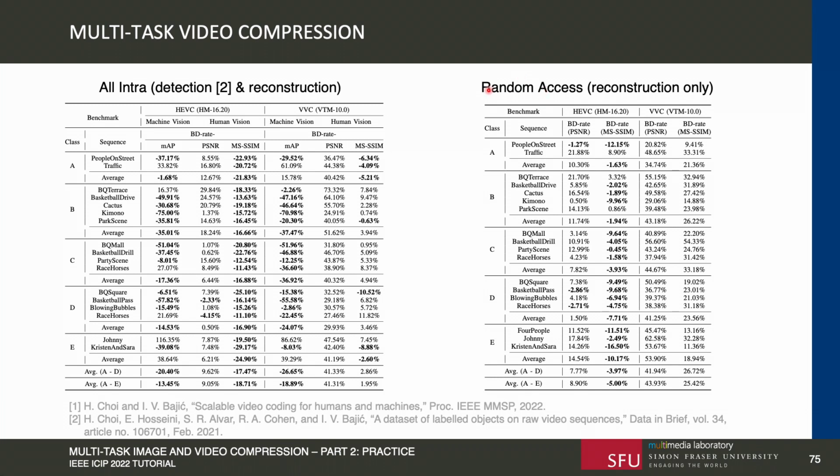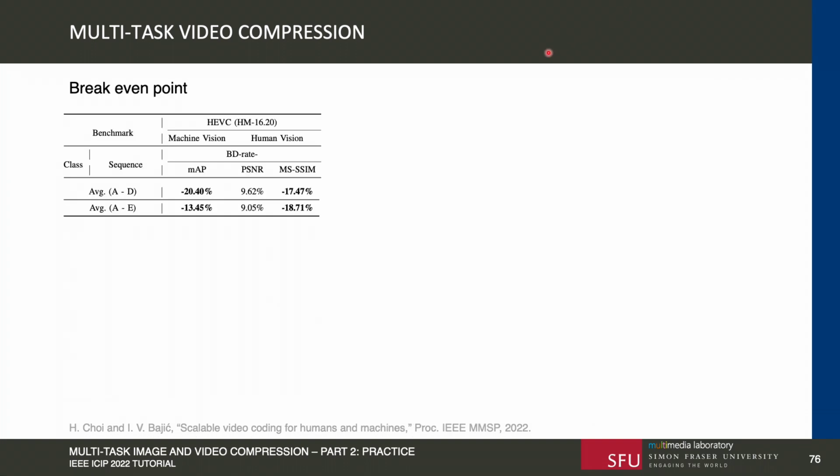When we look at the random access case, so involving interprediction, we still have gains over HEVC in terms of SSIM, but loss in terms of PSNR against both HEVC and VVC. So let's focus on the comparison against HEVC.